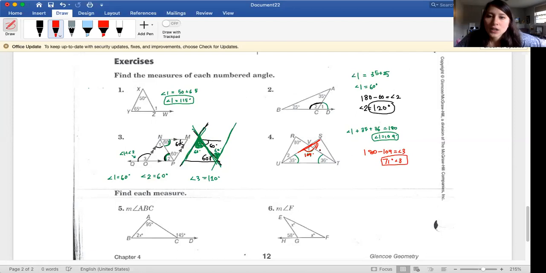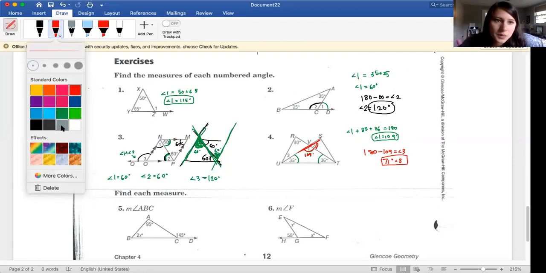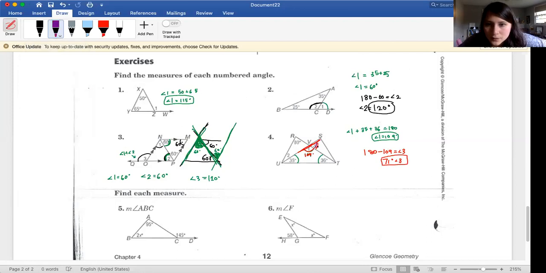Okay, now that I know angle 3, what do I see over here? I'm gonna use a blue color, maybe purple actually. So if this is 71 degrees, what would this angle be? Well, what's the relationship between these two angles here? They are vertical angles, which means they're congruent.